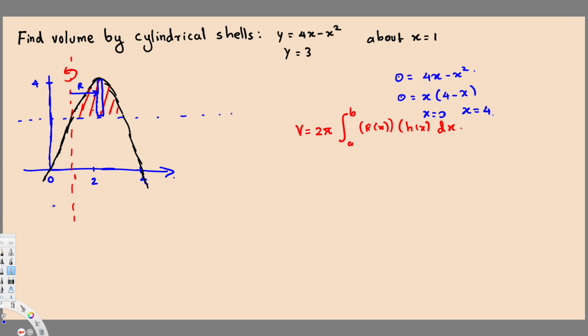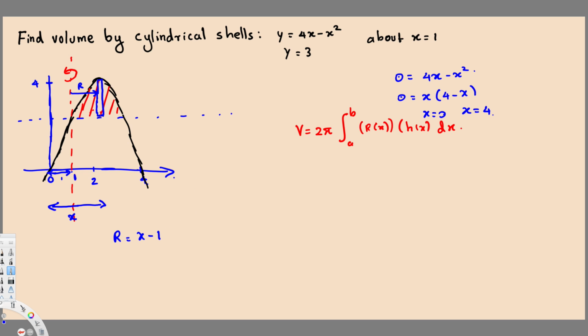The x value is the distance from the origin of the graph to the rectangle we are drawing. We know this distance is 1, because it's rotating around 1, and this is x. We have to write this radius in terms of x, so r equals x minus 1.